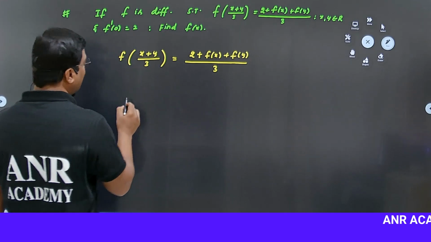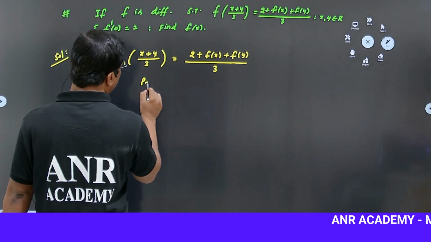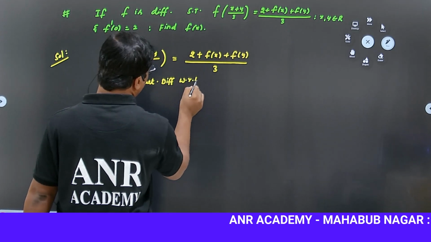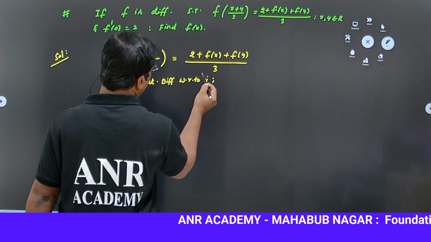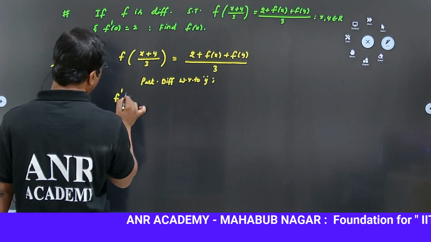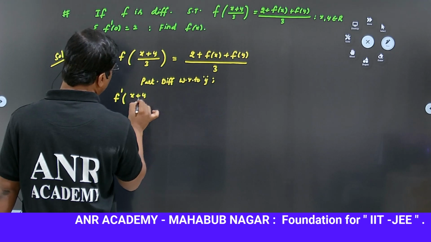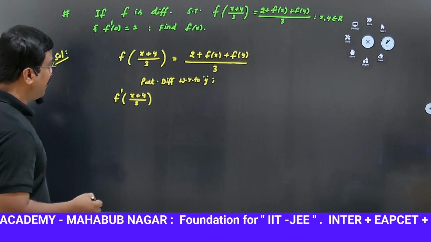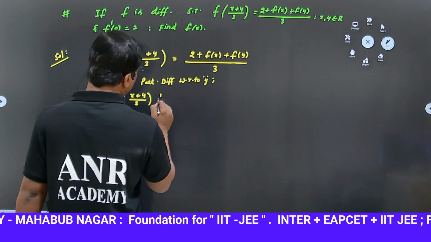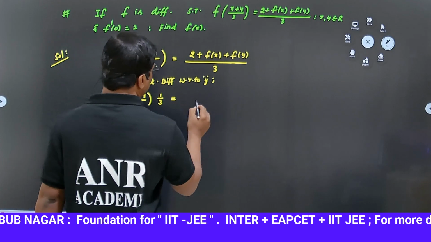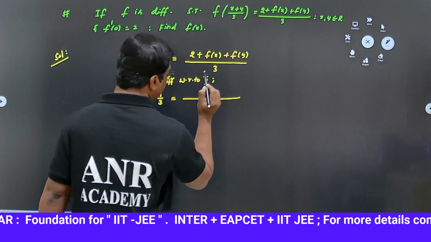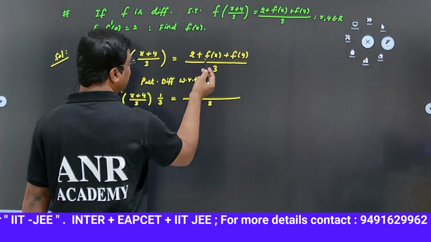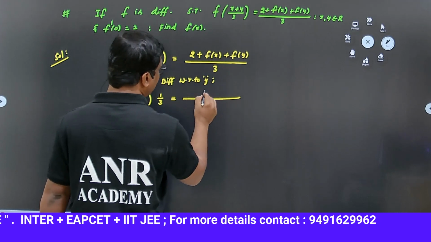Now, if you apply partial differentiation with respect to y, then it becomes f dash of (x plus y) divided by 3. Internal part is x plus y by 3. Differentiation with respect to y gives 1 by 3. Next, 1 by 3 is constant on the right hand side. If you differentiate partially with respect to y, treating x constant, these two get 0, only you will get f dash of y.